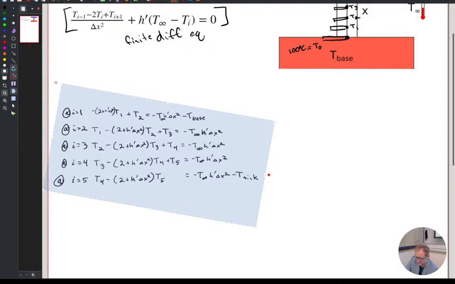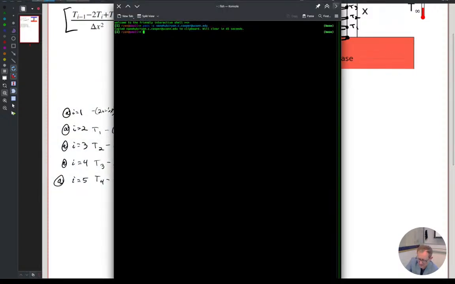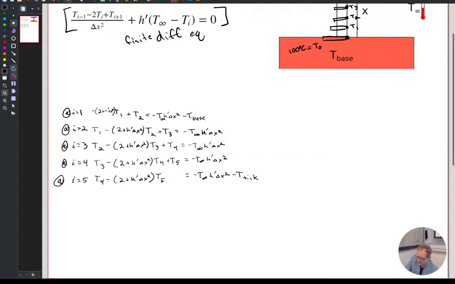The reason I'm doing that is I want to create equation 1, equation 2, equation 3, equation 4, equation 5 for T1, T2, T3, T4, and T5. So setting up a 5 by 5 matrix with all of those coefficients.